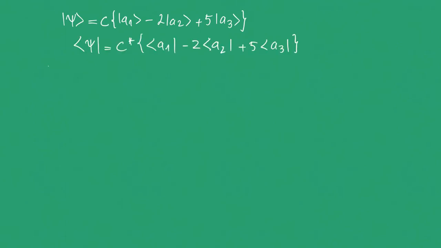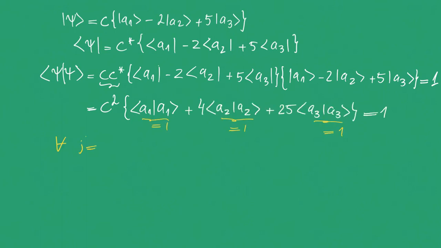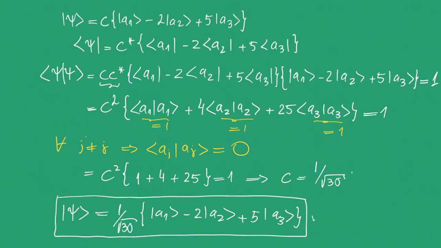Before I write ket psi in matrix notation, I'll normalize it first. I'll go faster since you already know how to do it. This is our quantum state normalized, and now we are ready to find its matrix representation.